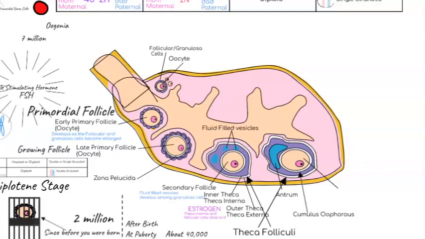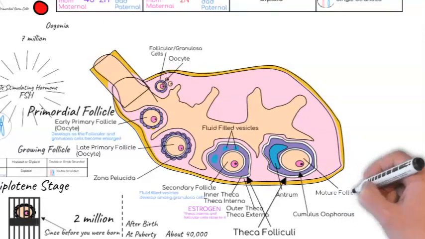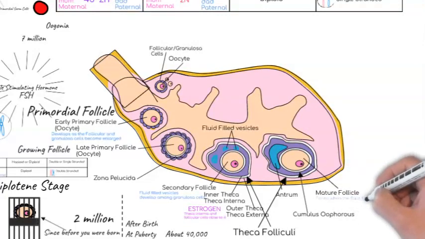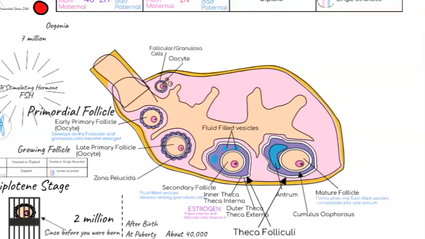Remember, it was arrested when? At 4 weeks. At 4 weeks when? Pregnant. Yeah, when your mom was 4 weeks pregnant with you. So it arrested then, and now this ovum is developing at one of your monthly cycles.